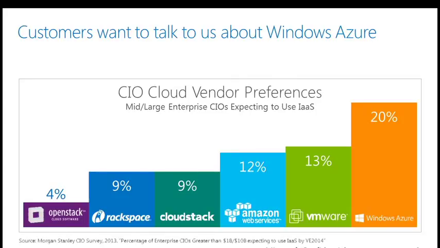But by far, most of them cited Azure as the preferred vendor for using cloud infrastructure. So not only are you in safe hands, but a lot of your competitors and people in your organizations are thinking about moving to Azure. Now I'll pass you over to Dan to delve more deeply into the Azure infrastructure.